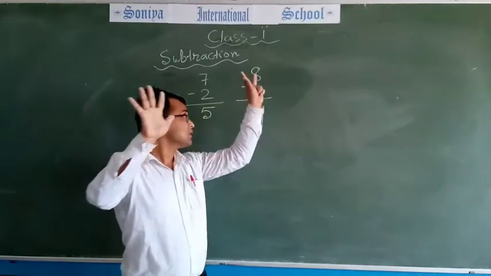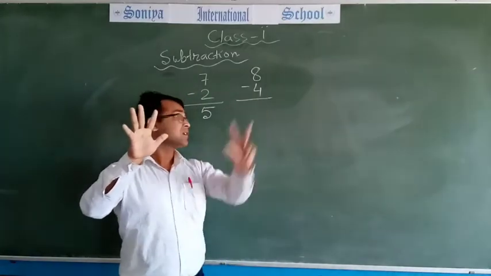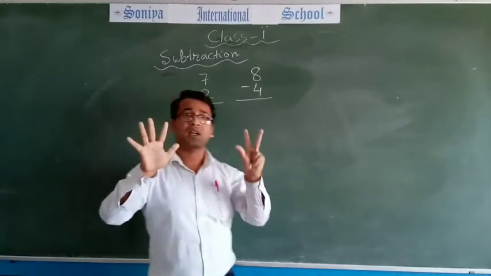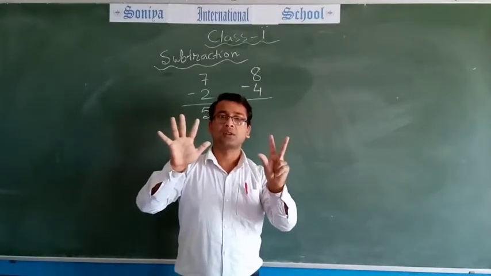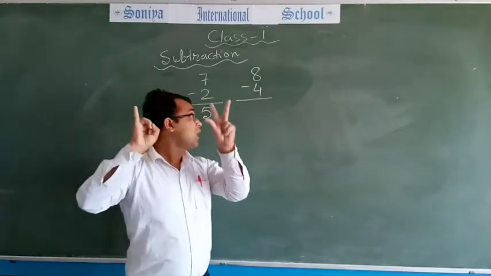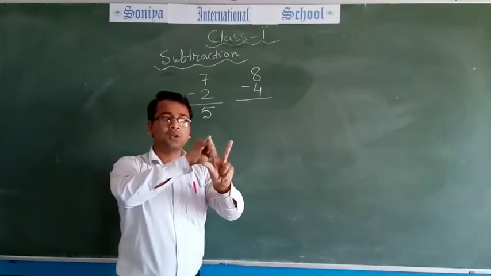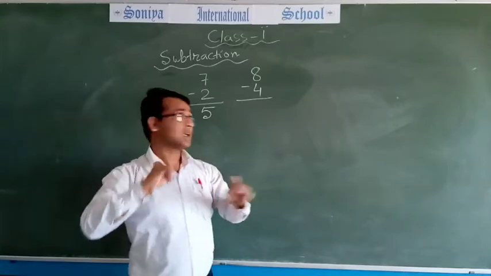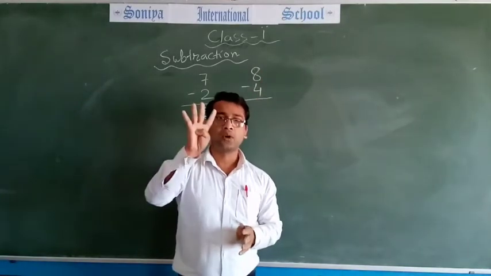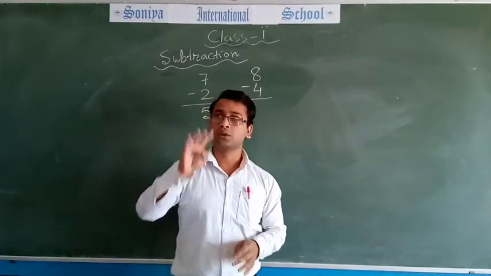And how many fingers are taken away? 4 fingers. 1, 2, 3, 4. Then how many fingers are left with me? 1, 2, 3, 4. Then 8 minus 4 is equal to 4.